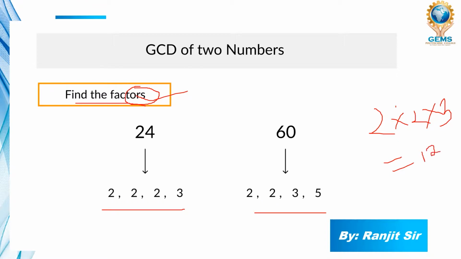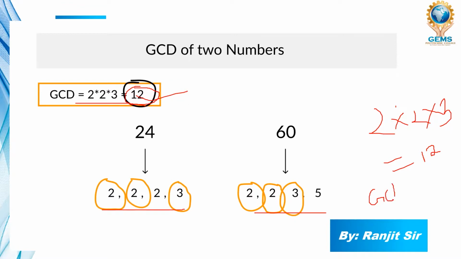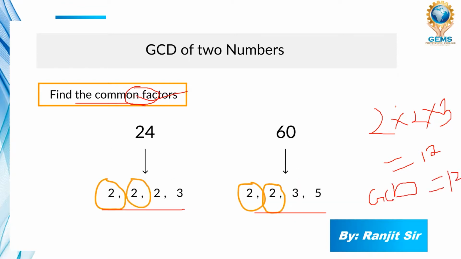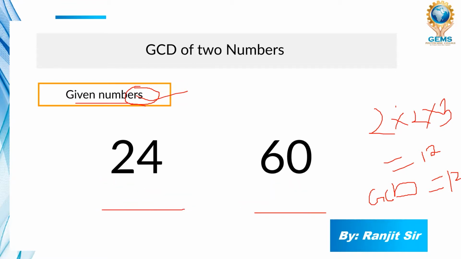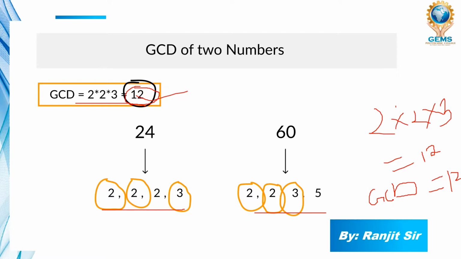So 12 is our GCD of 24 and 60. I hope it is clear for you, my dear students. So this is one best way I can explain to you how our GCD coding will work in C programming language.